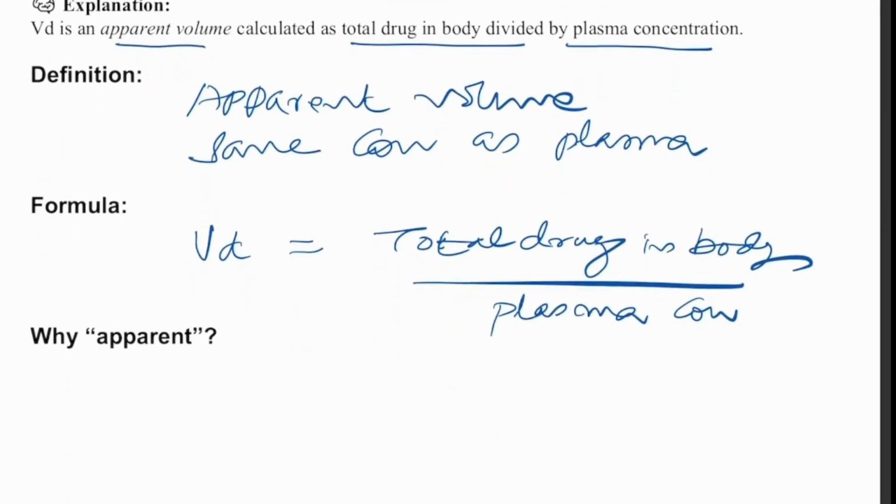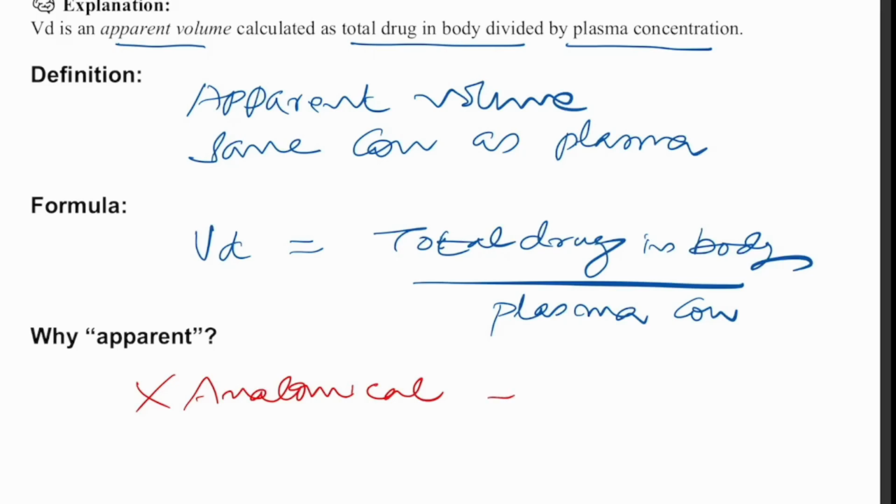Why the term apparent? Vd is not an anatomical volume. It reflects the extent of drug distribution into tissues.